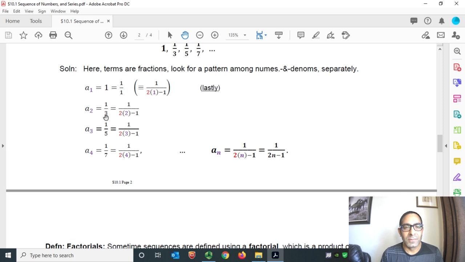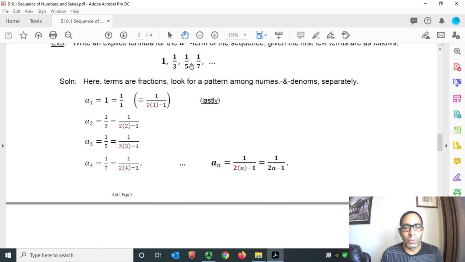Awesome. Next, the third term is 1/5. So 1/5 equals, keeping the numerator as it is, and in the denominator, rewrite 5 equals 2 times 3 minus 1, where 3 is the suffix for a3. So 2 times 3 is 6, minus 1 is 5. Similarly, a4 is 1/(2 times 4 minus 1), and now we have an idea.